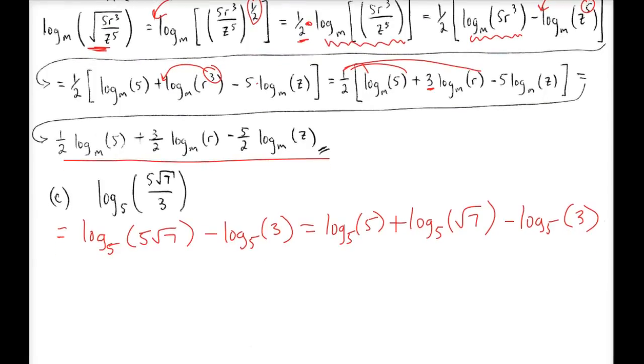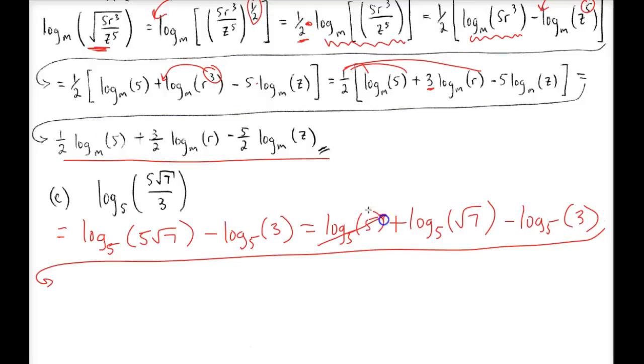And then of course from there, if we keep on going here, we'll see that log base 5 of 5 is just 1. Okay, and we know that from one of the earlier properties. So here, this would just be equal to 1.